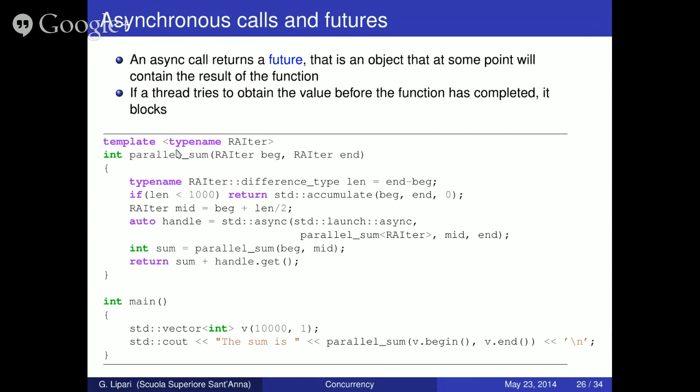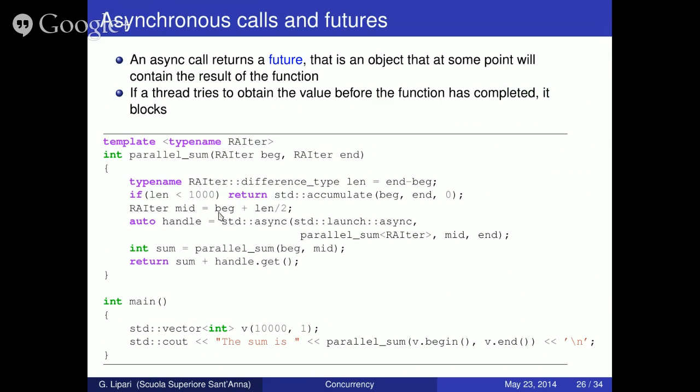So, for example, this is the parallel sum implemented in this way. Suppose we have a vector of 10,000 integers initialized to 1, and you want to compute the sum in a parallel way. So you launch parallel sum, and parallel sum will just divide this in two, and if the length is less than 1,000, it just computes the sum.